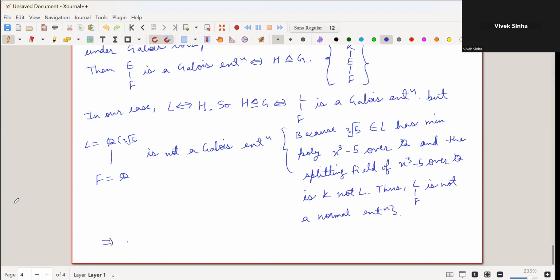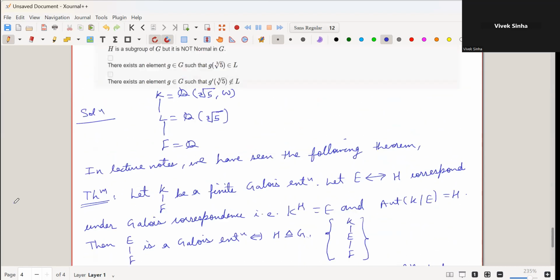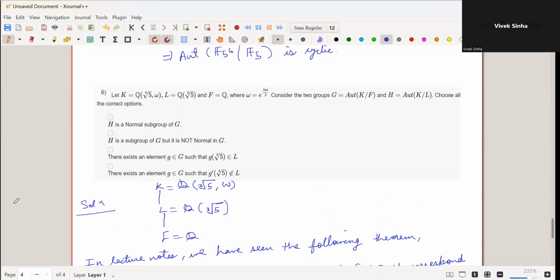This implies H is not normal in G, right? So first one is wrong, second one is correct. It's a subgroup, of course, but it's not normal. Now can you say something about the third one and the fourth one?